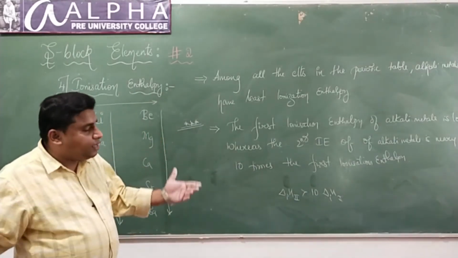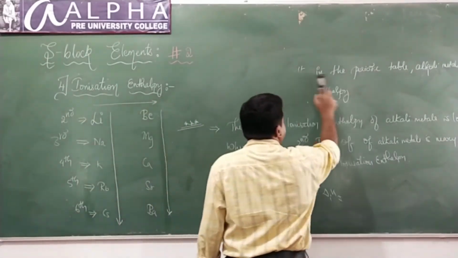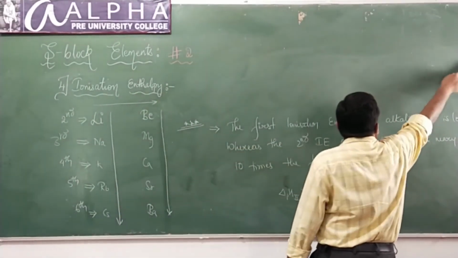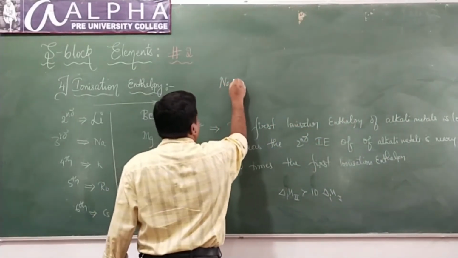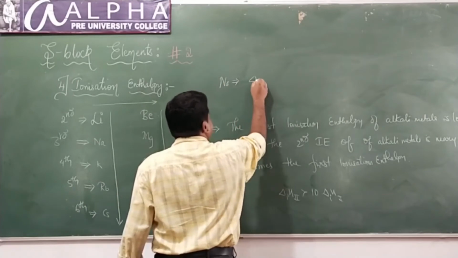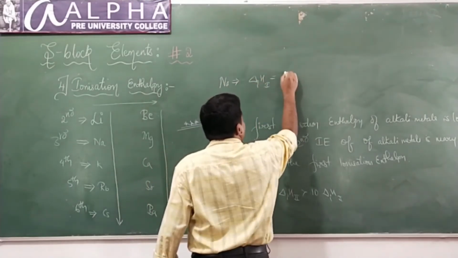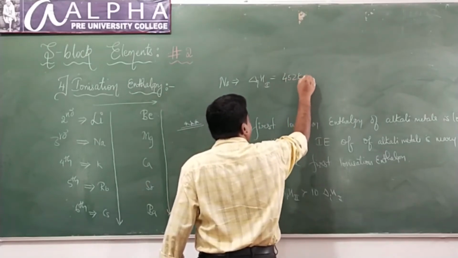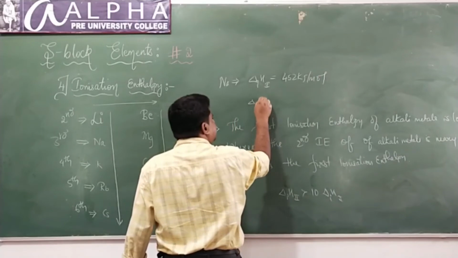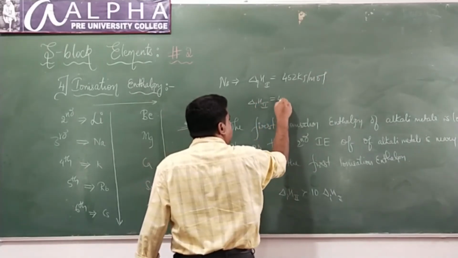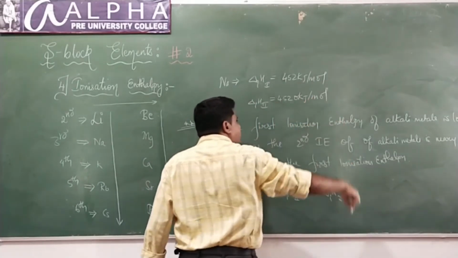Yes, again let us take up the electronic configuration. Look at sodium. The first ionization enthalpy is about 452 kilojoules per mole, whereas the second ionization enthalpy is about 4520 kilojoules per mole.